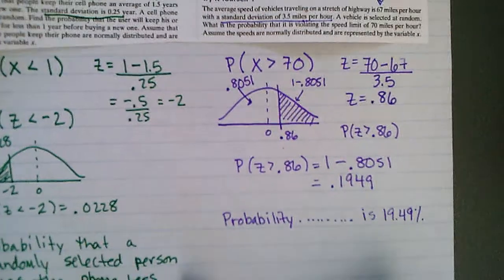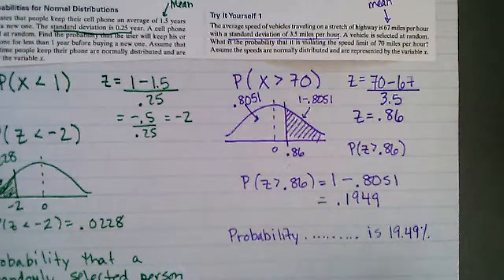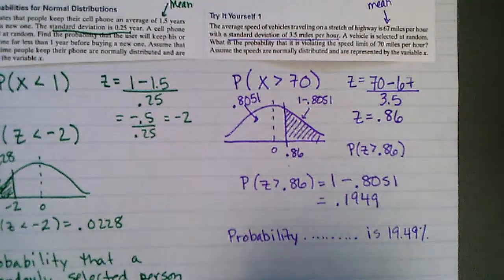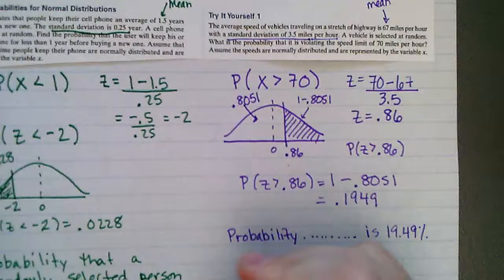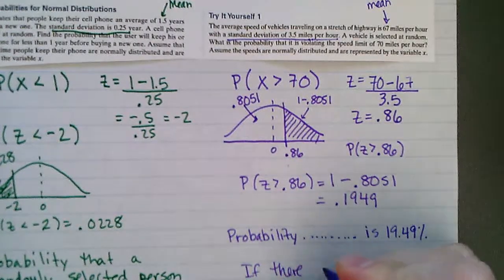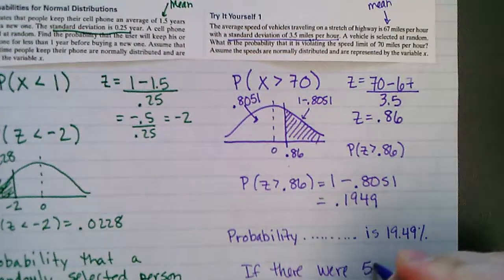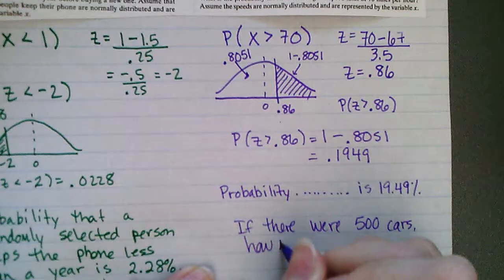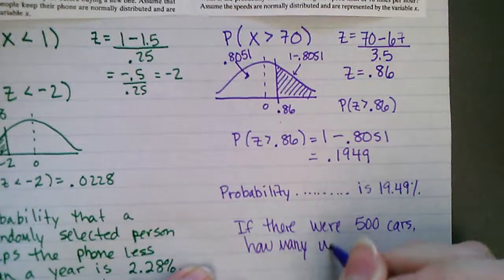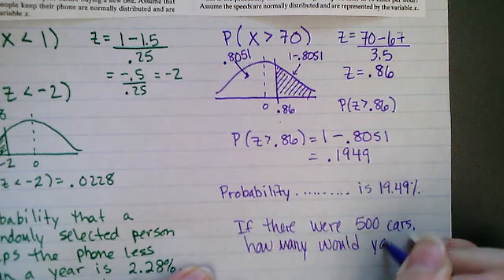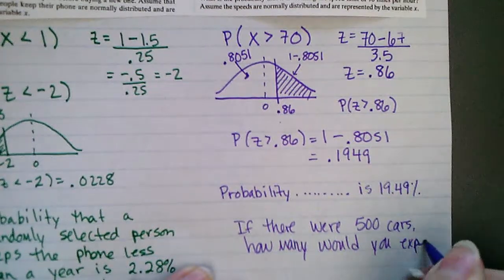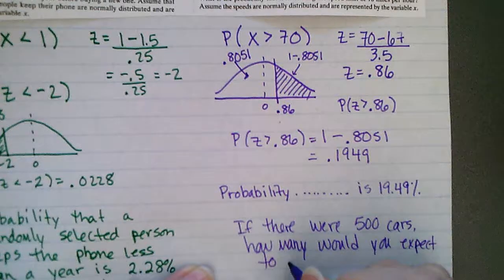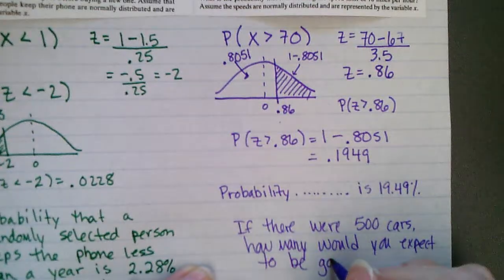Now, I could convert that into actual numbers. Let's say there were 500 cars. How many of the 500 cars would you expect to be going over 70?